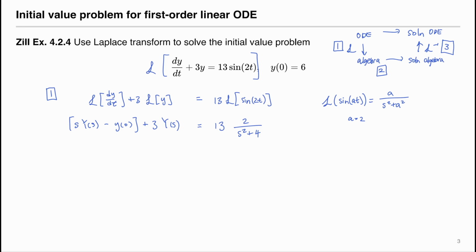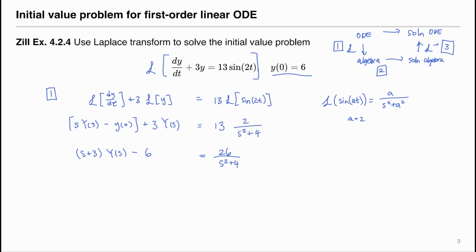And then we can substitute things in. We have Y(s), we have a factor of s plus 3, minus the initial condition, which is given, y(0) equals 6, so minus 6, equals 13 multiplied by 2, 26, divided by s squared plus 4.